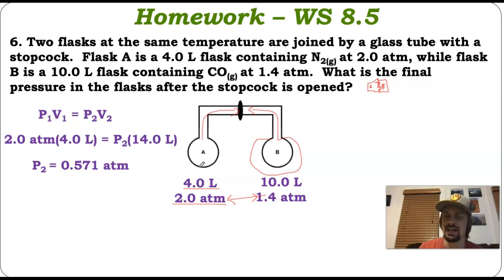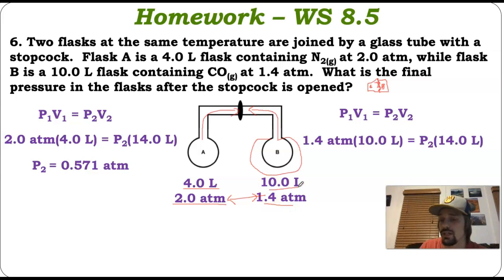Gas B containing carbon monoxide, I'm going to do the same thing using Boyle's Law. Okay, P1 times V1 equals P2 times V2, but here is my P1 right here. V1 is here. What's my new volume? Again, 14 liters. So I'm going to figure out that new pressure of gas B.